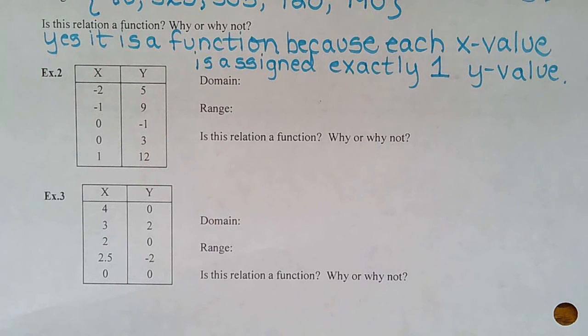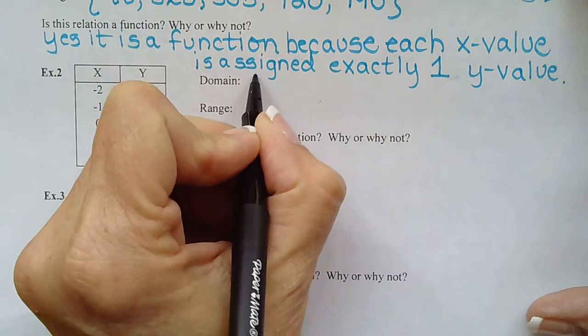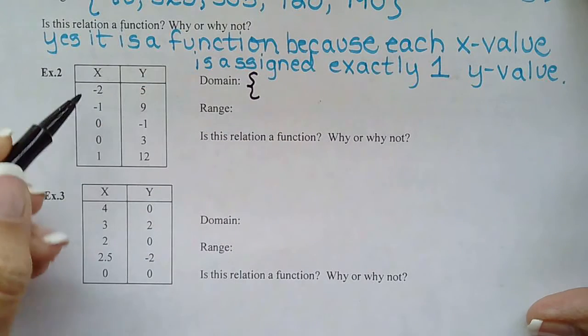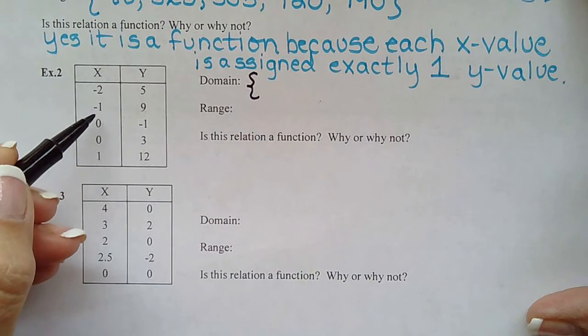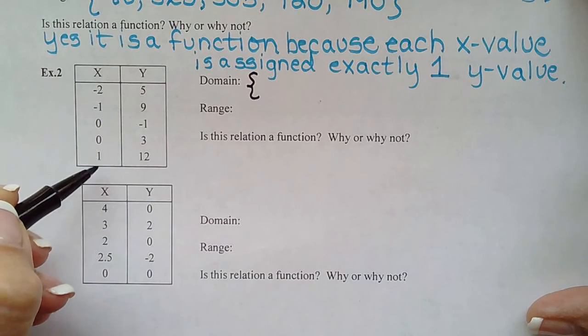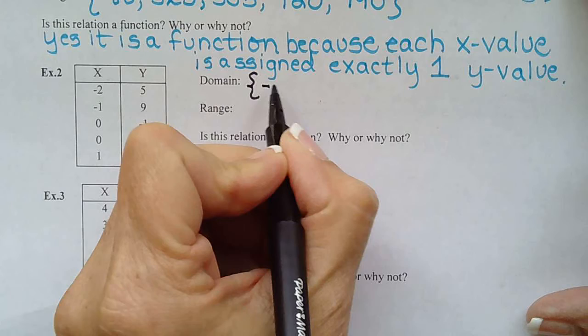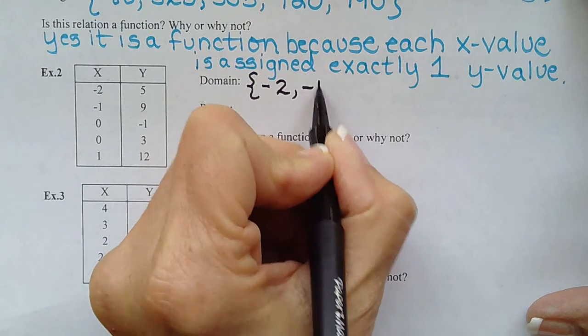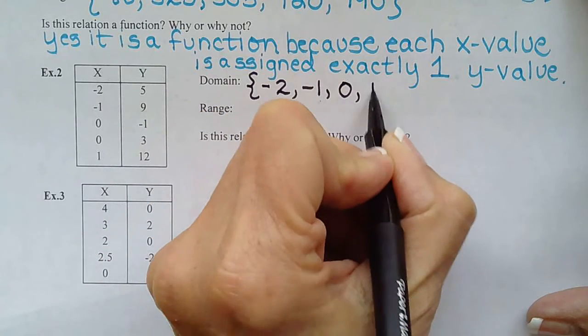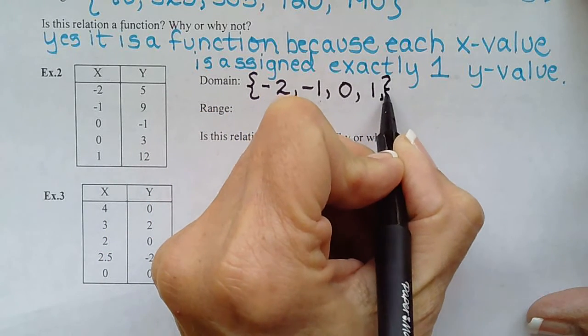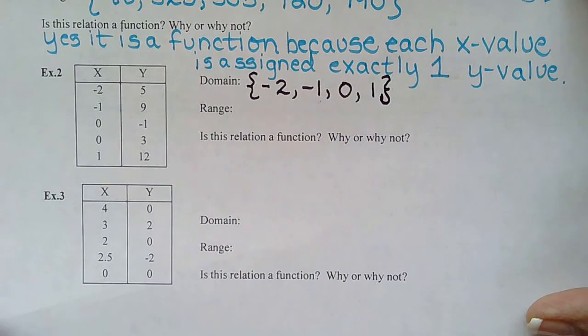Good way to practice. Okay, domain. Again, it's the set of x values. So -2, -1, 0. Don't repeat that 0 and 1. So -2, -1, 0, and 1. And end my set symbols.